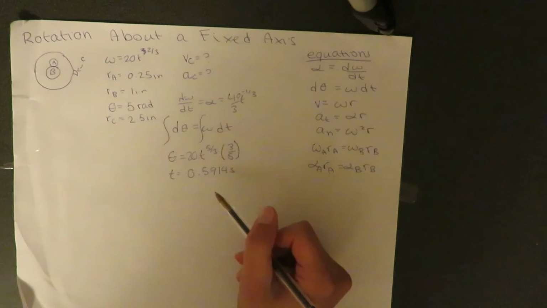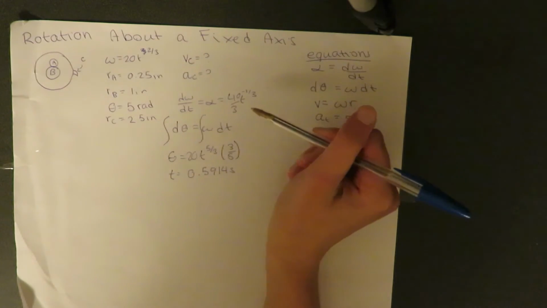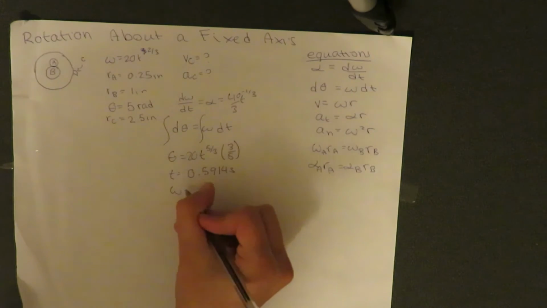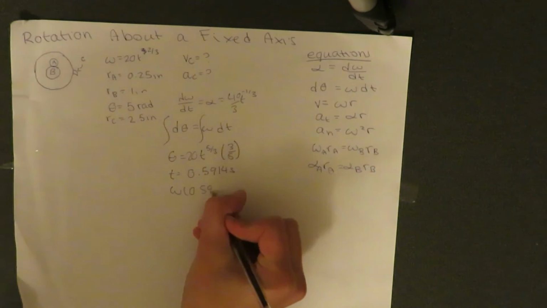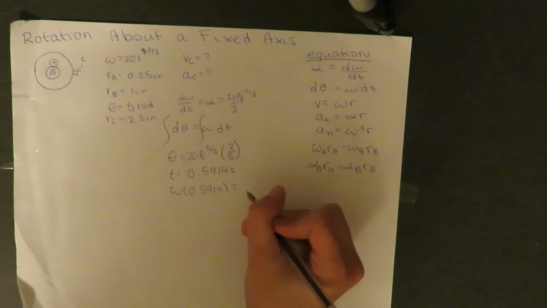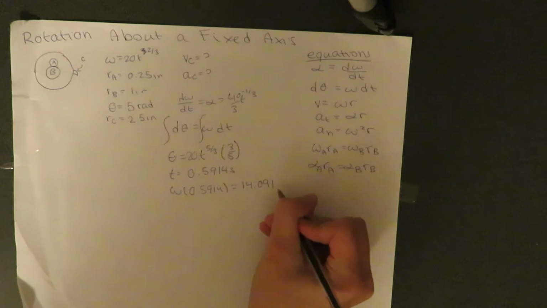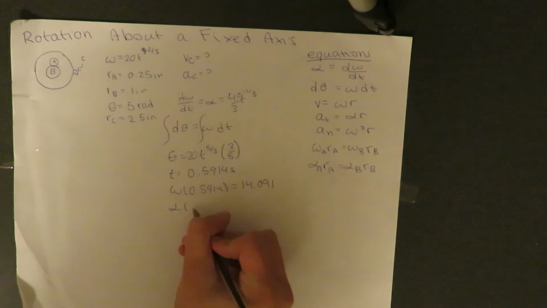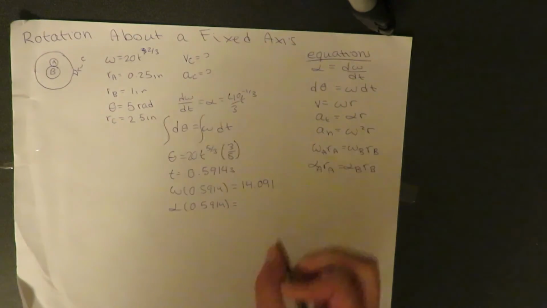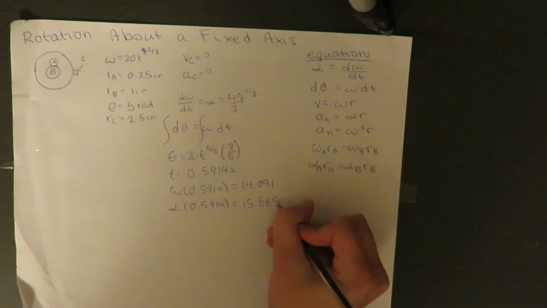With t, we know omega in terms of t, and we know alpha in terms of t, but it would be nicer to know them definitively, so just plugging in 0.5914 as t, we find our angular velocity to be 14.091, and our angular acceleration at this time gives us 15.885.